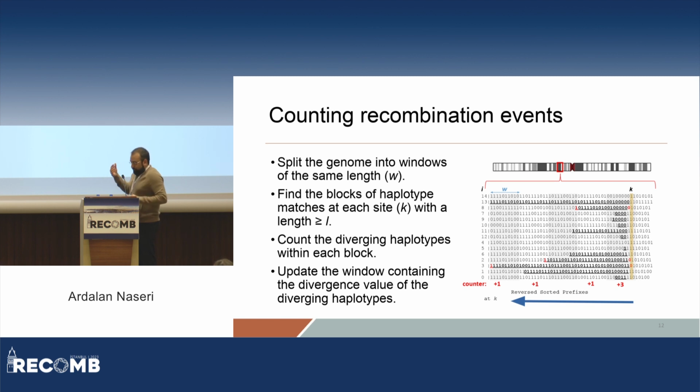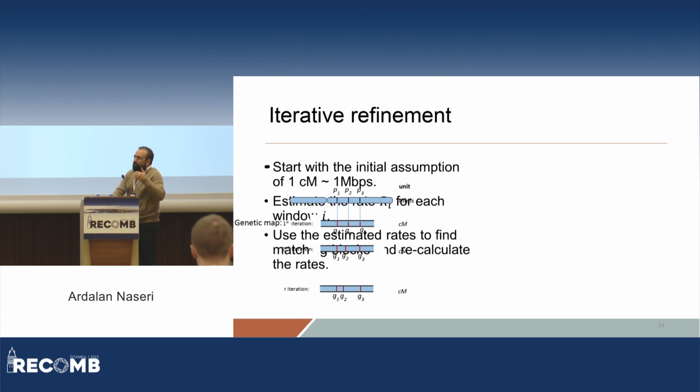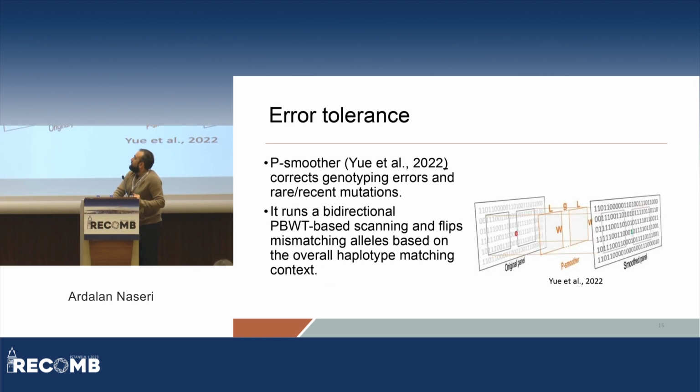We probably get a new set of matching blocks, or some haplotypes might be added or removed from the blocks, and we calculate again, and each time we get a slightly modified genetic map. We did a couple of iterations, and usually it converged after 4 or 5 iterations. We got pretty much the same result after 5 iterations.